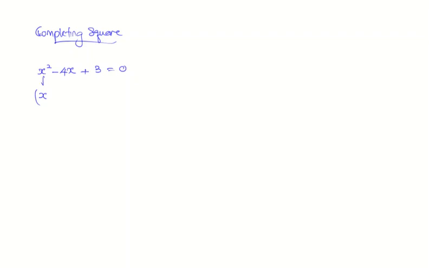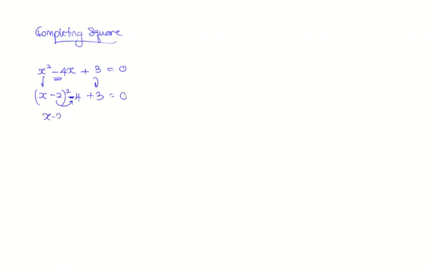x, write down, negative 4 divided by 2 becomes negative 2, bracket square. Remember this? Negative 2 square is positive 4. You always minus whatever the square of this is. You always minus. 2 times 2 is 4. And then here, copy it again.